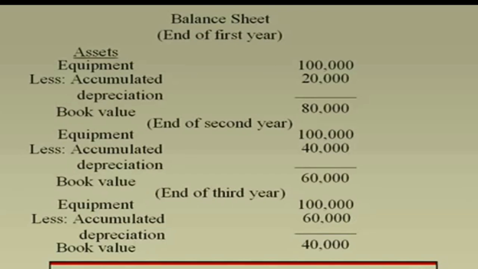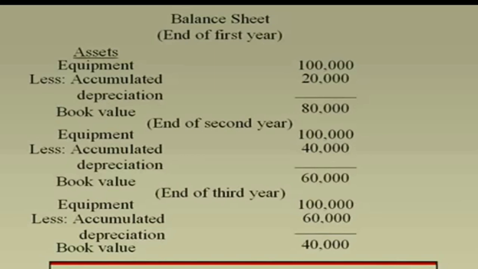What about the third year? The equipment, you paid 100, but now 60,000 worth of equipment has got used up, so the book value is 40,000. And it goes on every year. How much will it be worth at the end of the fifth year? 0, because equipment would be 100, accumulated depreciation would be 100.